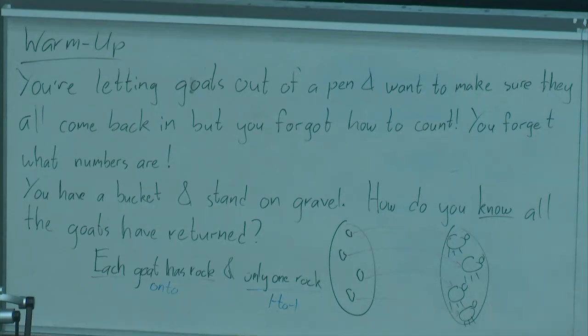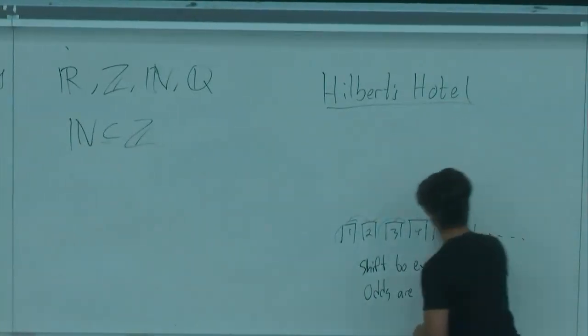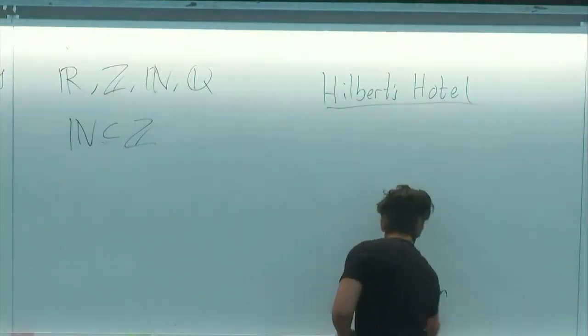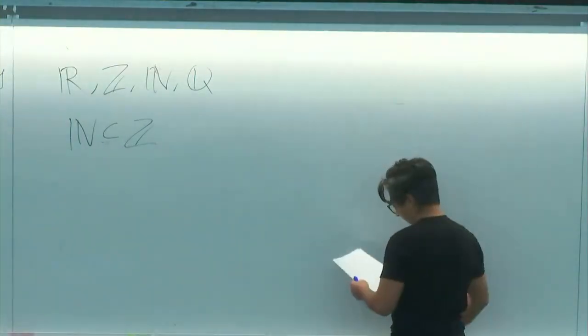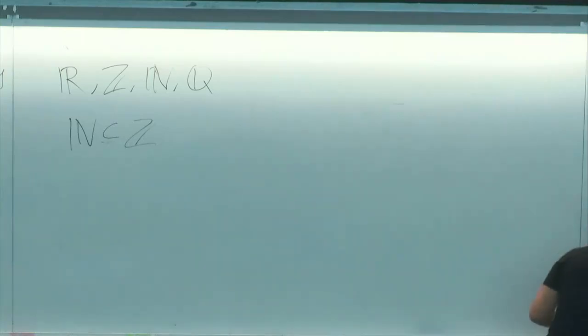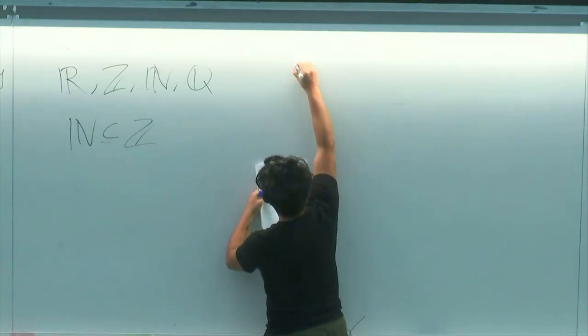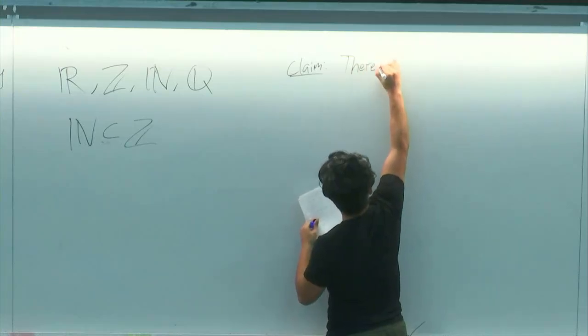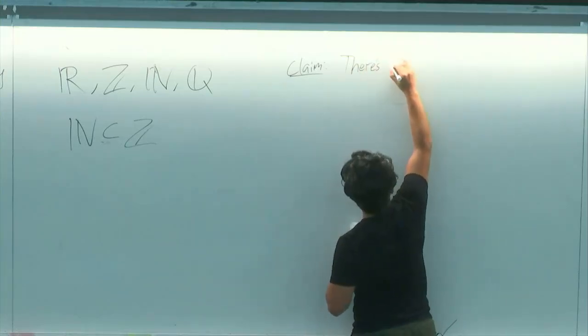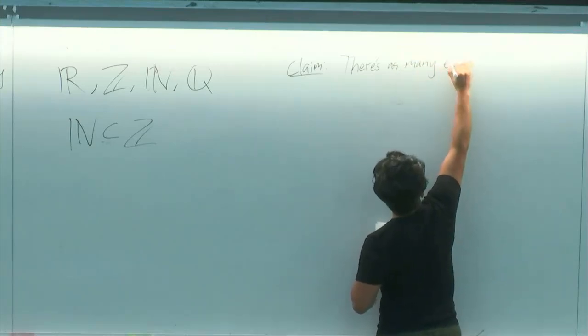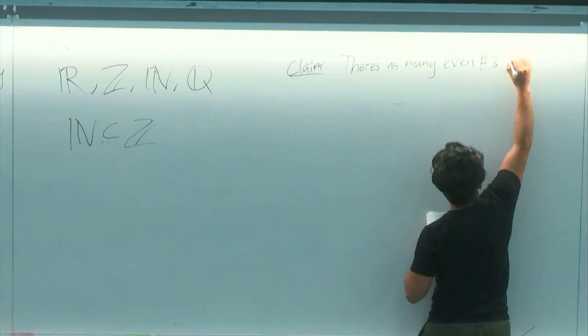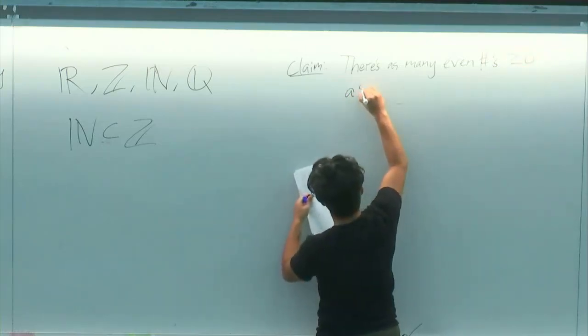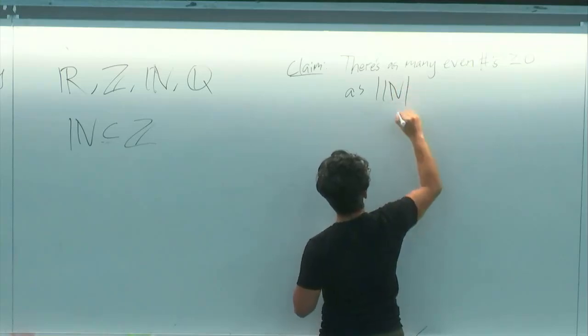Great. So let's actually start proving things about infinities then. Yeah, let's erase Hilbert's Hotel. That was our nice informal example before we do real proofs. All right, so here's a claim. The claim is there's as many even numbers greater than or equal to 0 as the size of the natural numbers.